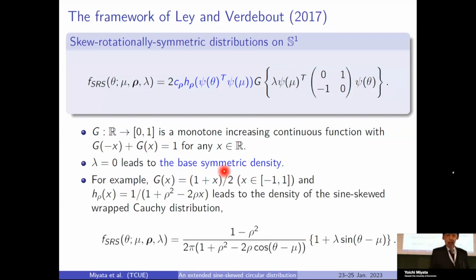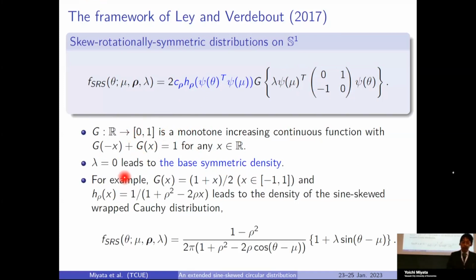So this is a skew rotationally symmetric distribution on the unit circle. Capital G is a monotone increasing continuous function satisfying this expression, which means that capital G is a distribution function.